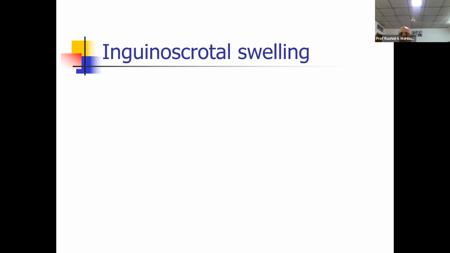If it is an undescended testis which is not coming out, then the management is something else. If it is a persistent canal, it is another thing. If not, and there is a deficit in the posterior inguinal canal, then you can repair that.